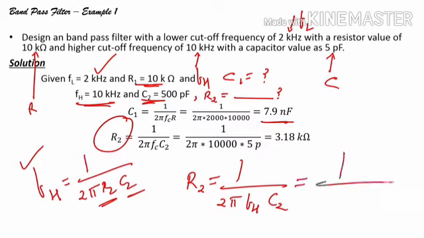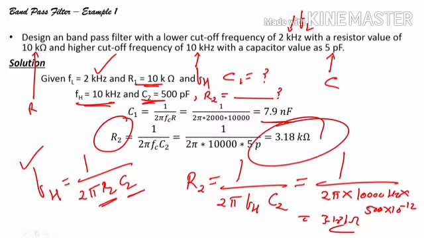So, this will be 1 divided by 2 pi FH. What is FH? 10 kilohertz, into C2, 500 picofarad, 500 times 10 to the power minus 12. So, that will give us 3.18 kilo ohm, that you can see here, correct.